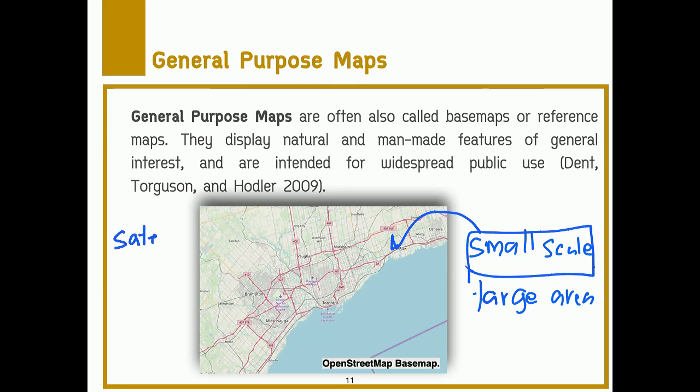Also, we can have the satellite base map, right? So for the general map, we can have both vector data and raster data. It depends on what you are going to look at or what you are going to show on the map.